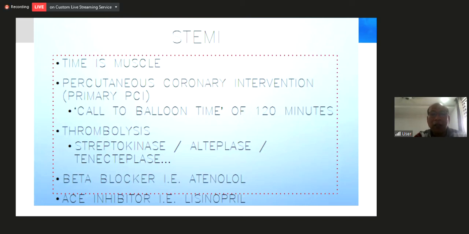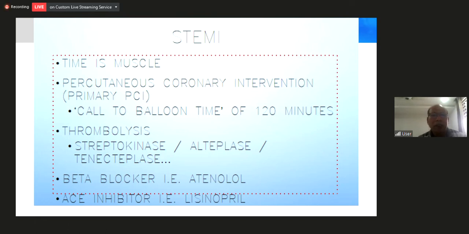So in the case of STEMI, time is muscle, very important. Do it as early as you can. If you can do intervention on the spot, that's better. Why? The reversibility, like I said just now, within the first 1 hour, the reversibility of myocardial damage will be 100%, but after 1 hour, there will be some degree of necrosis and myocardial damage.